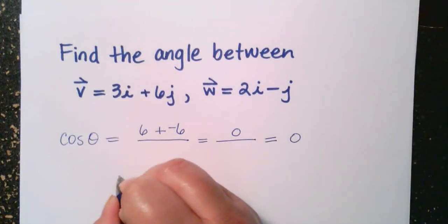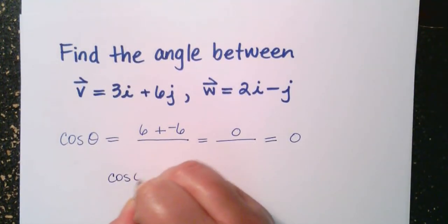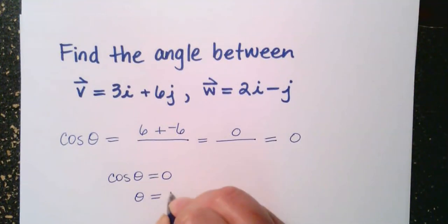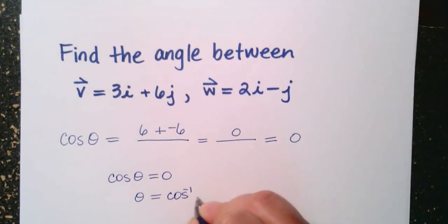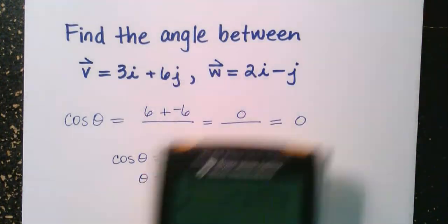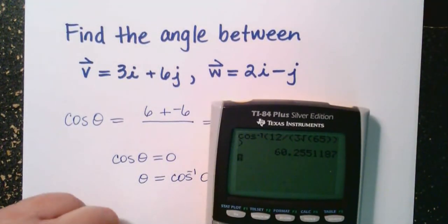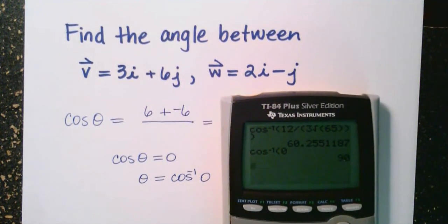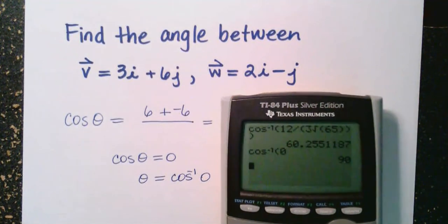So basically I've got the cosine of theta equals 0, which means theta equals the inverse cosine of 0. So let's do that in the calculator. What's the inverse cosine of 0? You could think about the unit circle and you would probably know. 90 degrees. The cosine of 90 degrees is 0.